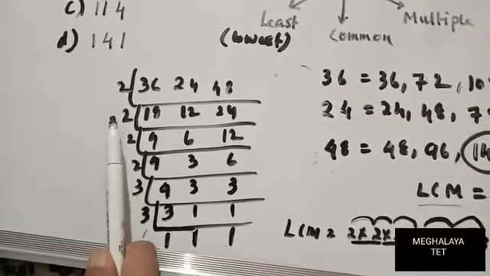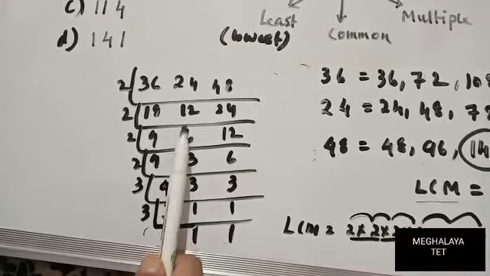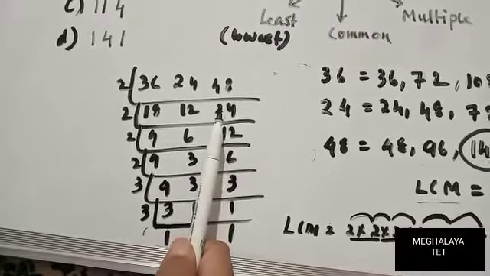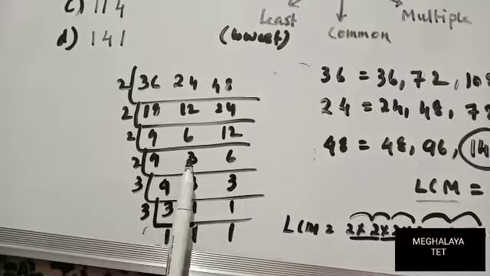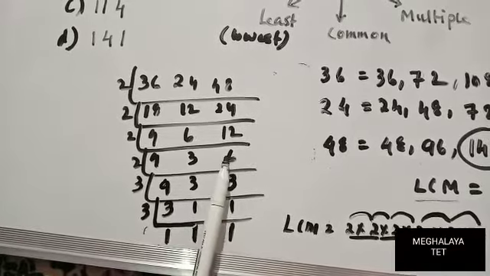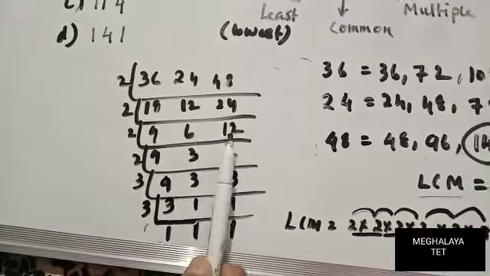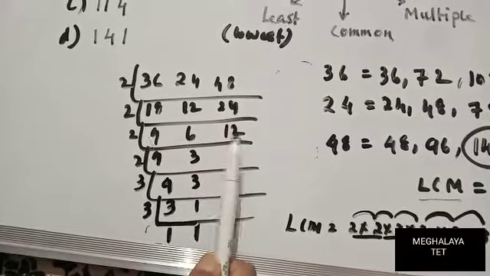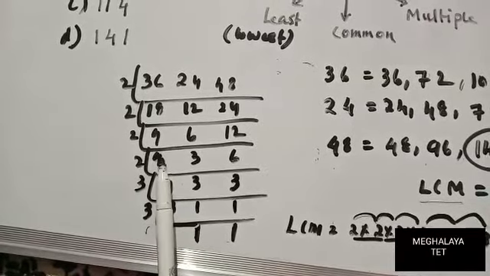Then by 2 again: 18 divided by 2 is 9, 12 divided by 2 is 6, and 24 divided by 2 is 12. We divide by 2 again because these two numbers can be divided by 2, 6 and 12. Since 9 cannot be divided by 2, we just leave it.